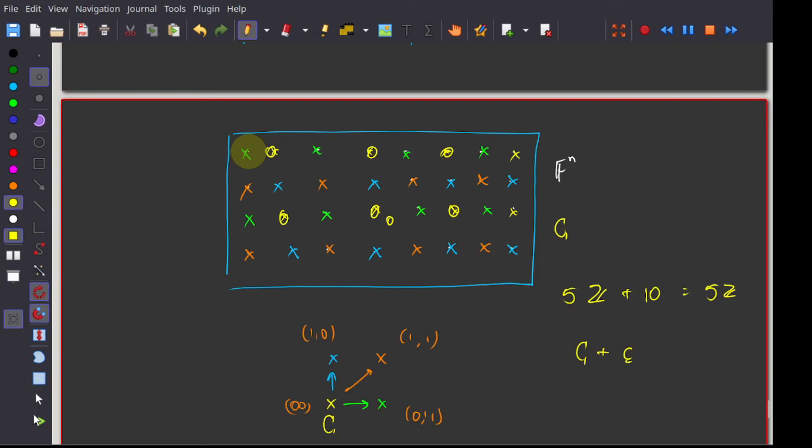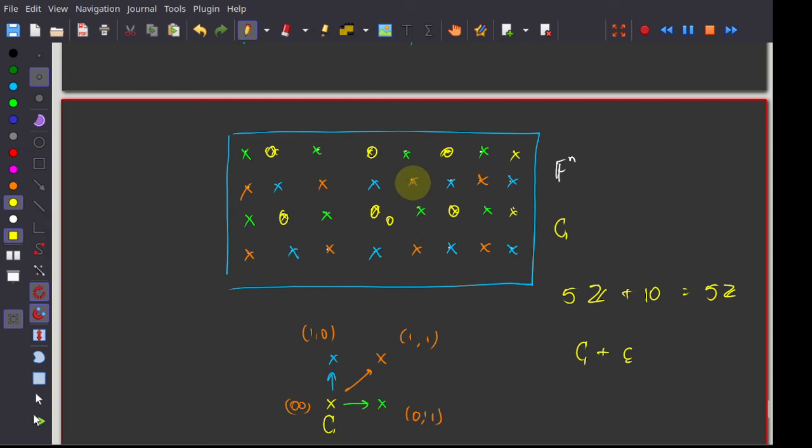Suppose I get a green point. Which one would be the closest point to it? Say this point. Let's say that this is the received vector. Now obviously this and this are at equal distance, right? But let us say that I always take the one to the left. If there is a tie in distance, I take the one to the left. That's going to be my decoding rule. So if I get any green point, the closest code word is going to be the one immediately to the left.